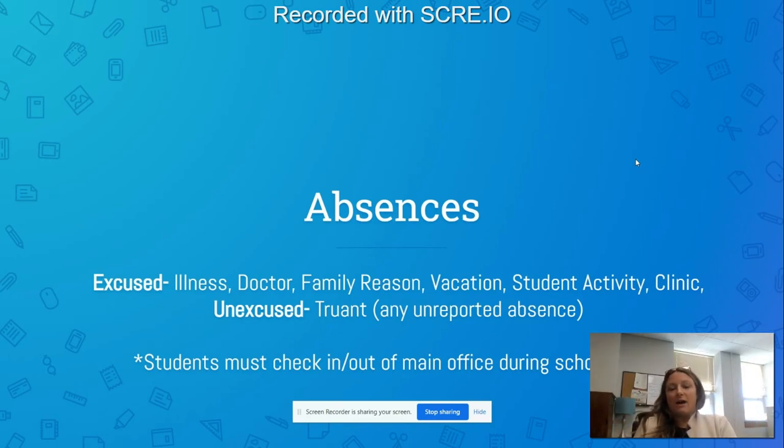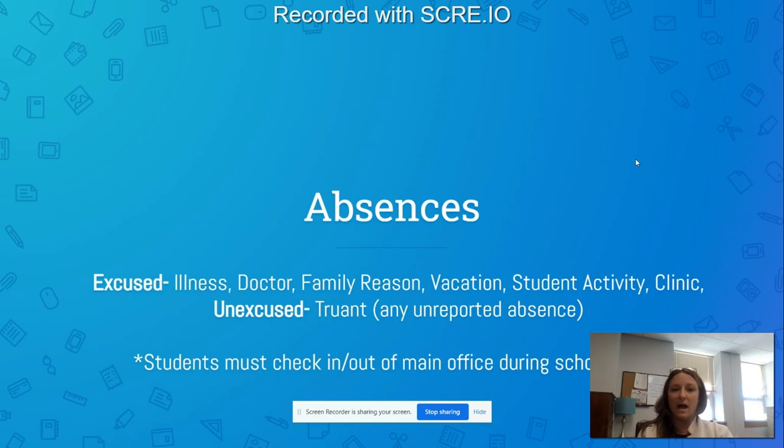Unexcused absences are periods or days that it was not made known to the main office that you would be missing. We were not notified, we did not know in advance, or it was not cleared up on the back end by a parent or guardian that you missed any amount of school, even down to a single period.